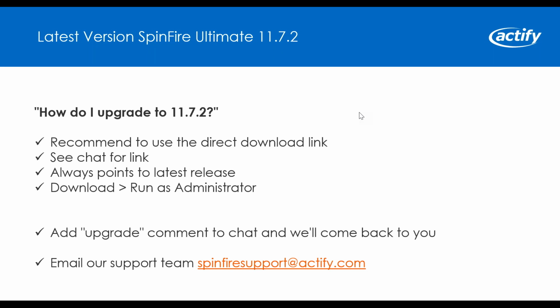So providing you're under a valid maintenance contract, you can download and then run as administrator. But again, if you've got a comment or you're using a floating license and you're not sure, you can add upgrade into the chat box and we'll come back to you. Or at any time, you can always email our support team at spinfiresupport@actify.com.